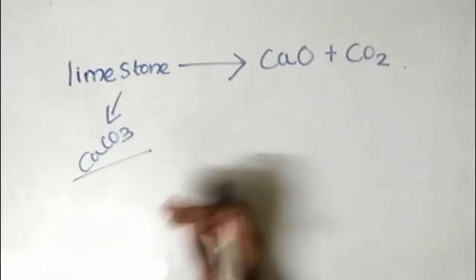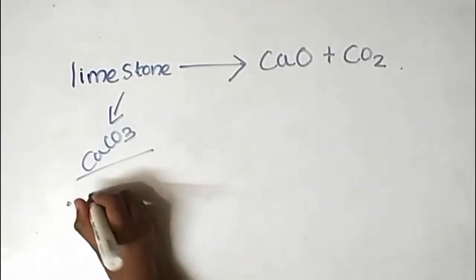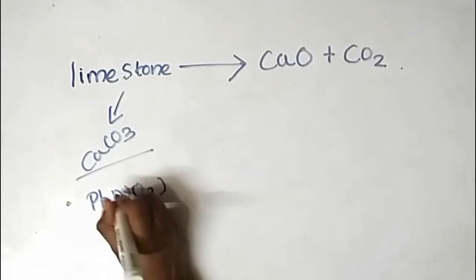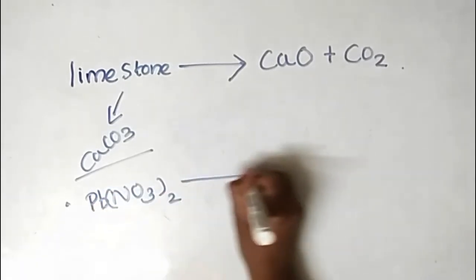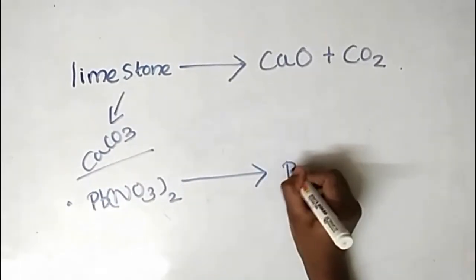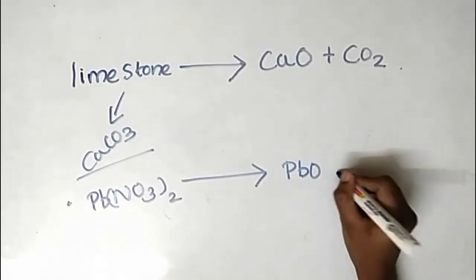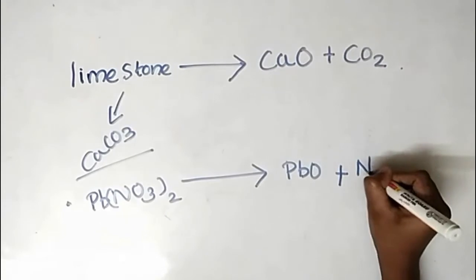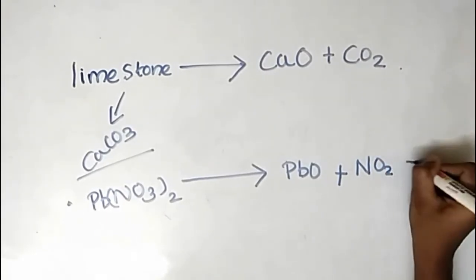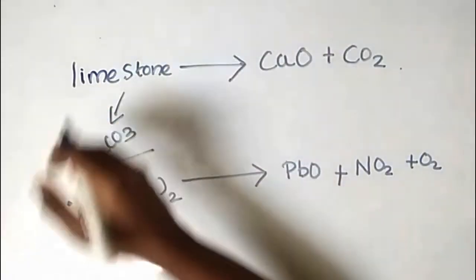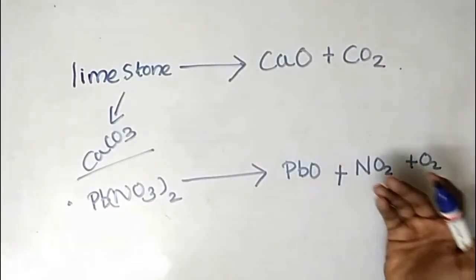For the next example of decomposition, we can take lead nitrate, that is Pb(NO3)2. When we heat lead nitrate, it decomposes to lead oxide, PbO, and along with it nitrogen dioxide, NO2, plus O2 is also formed. So these are the best examples of the decomposition reaction.